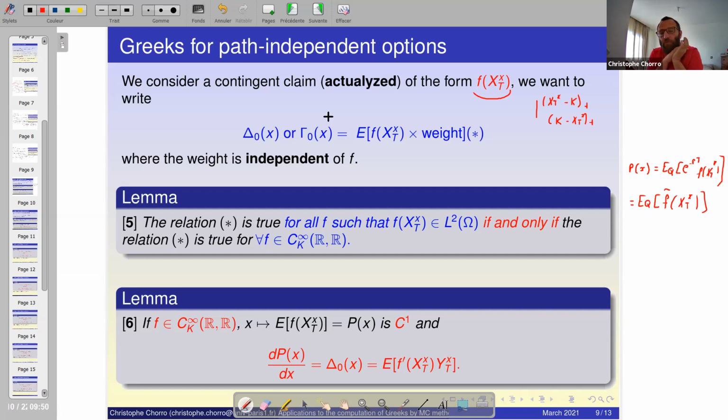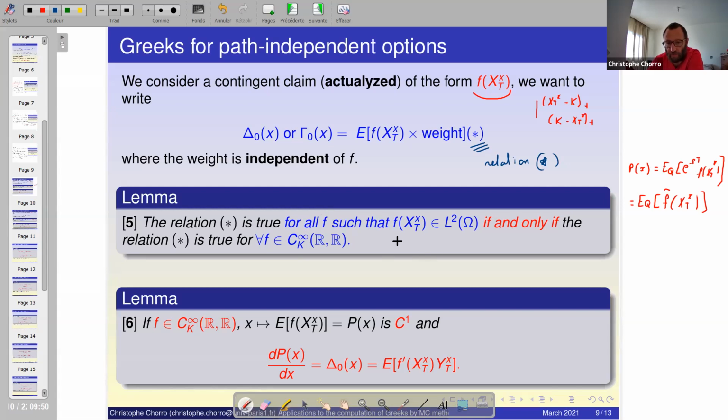So first of all, two little technical lemmas in order to simplify a little my problem. In lemma 5, I say the following: if I want to obtain this relation here that I call the relation star, for all small f such that this one is in L2, which is exactly what I have written here, it is necessary and sufficient to obtain it taking only for small f something that is of class C infinity with compact support.